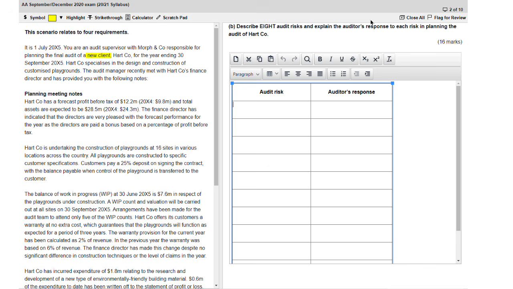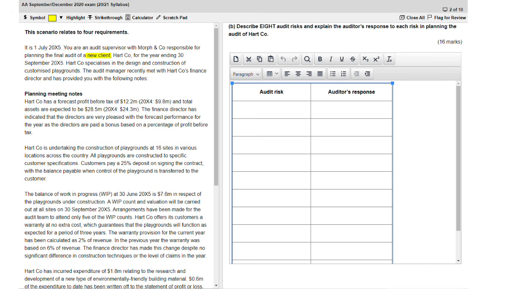I sometimes find it difficult to write anything sensible in the right-hand side there, because the one thing you don't want to write is something like, we will have to do more work, or we will be busy, because that would never ever give you any credit. So I think a safer thing with a new client is to say something like, last year's figures might be wrong. Last year's are published alongside this year's. Last year's might be wrong because we didn't audit them. That's a much easier way to deal with it.